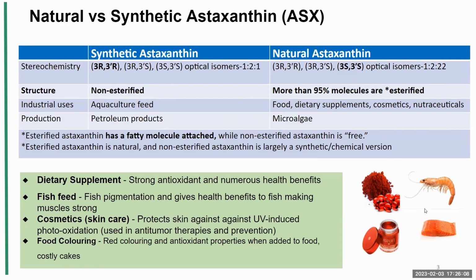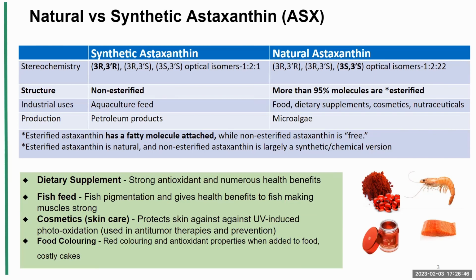The natural one is esterified, whereas the synthetic one is non-esterified, a free form. So the synthetic one is restricted only to aquaculture feed, whereas the natural one has application in food, dietary supplements, cosmetics, and nutraceuticals. On production, we already discussed that the natural one comes from microalgae, whereas the synthetic one is a petrol product.